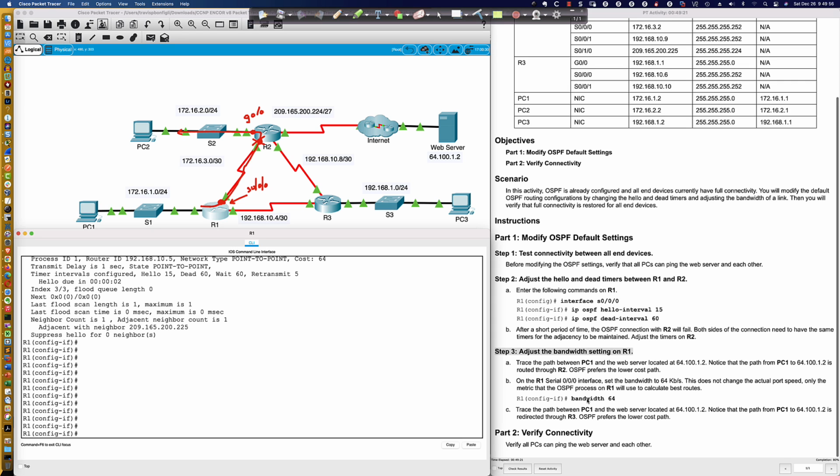If you're simply doing layer 3 traffic engineering, you would not be manipulating the flow of traffic with the bandwidth statement. Especially when you're talking about OSPF, you would use ip ospf cost.